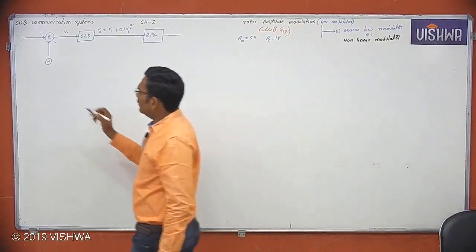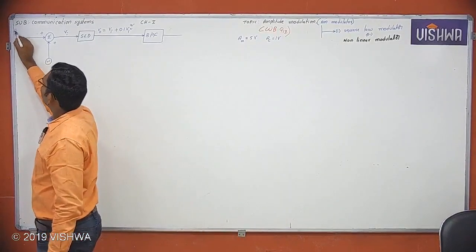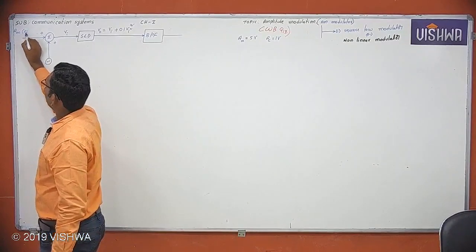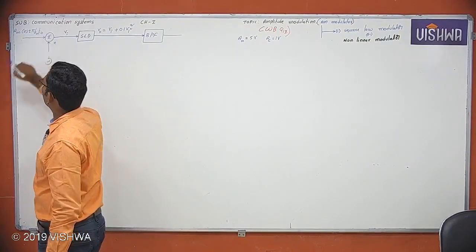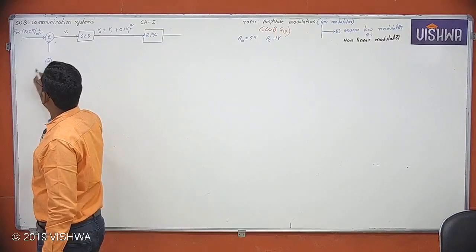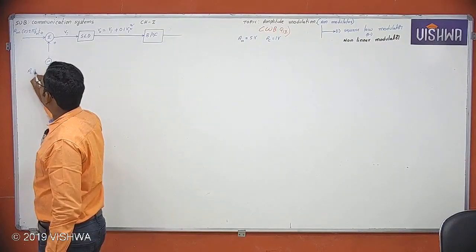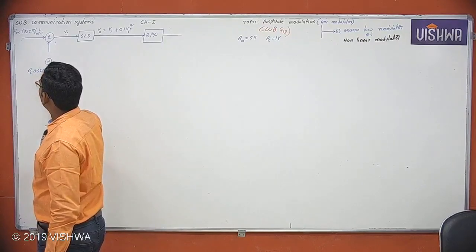It means that now this is Am cos 2 pi fm t. Just for easiness, I draw the diagram, but he is not giving any diagram. A carrier signal means Ac cos 2 pi fc t.